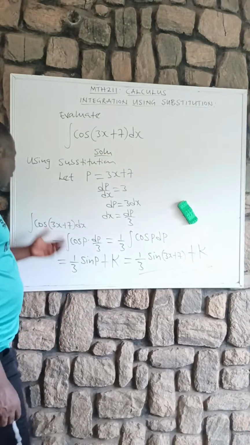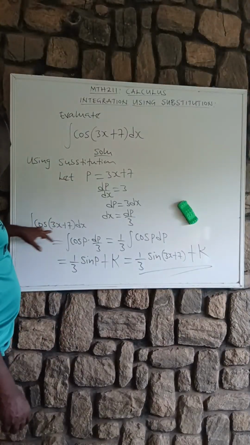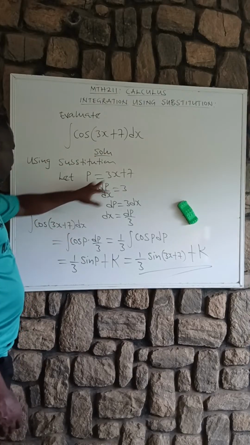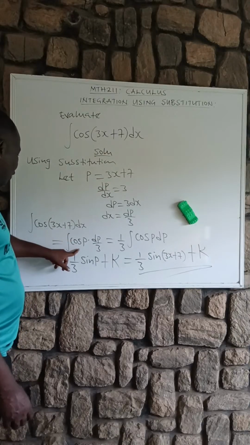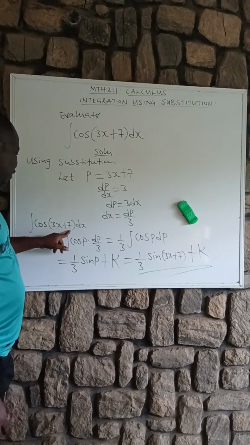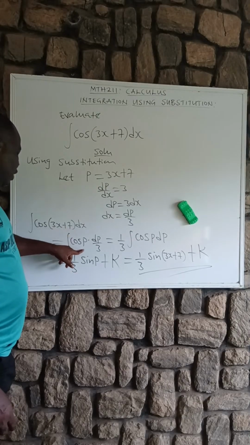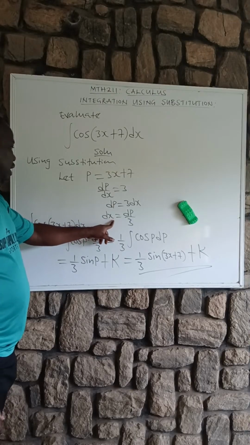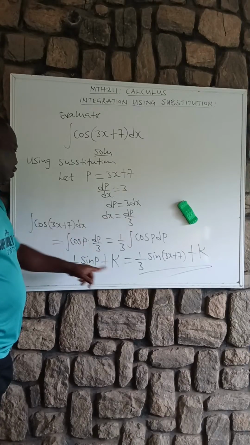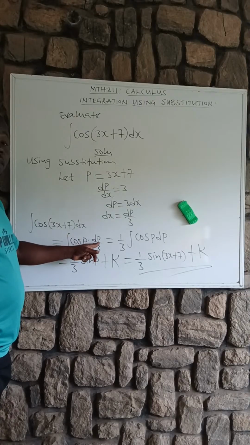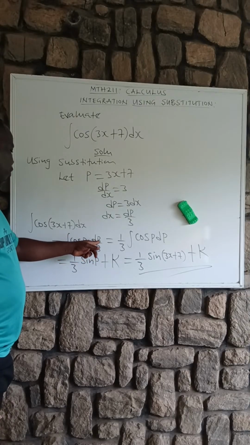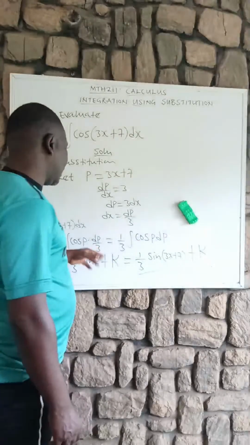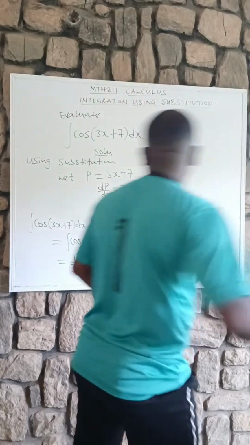Then we now say that this is the original function, true or false. But you said let p be equal to this. So instead of 3x + 7, we write cos p. But you now said dx equals dp over 3. So instead of dx, we substitute dp over 3.